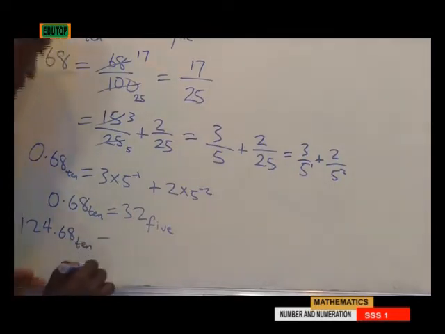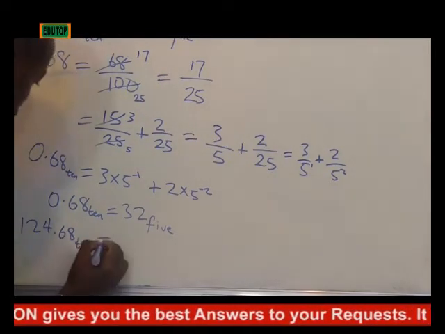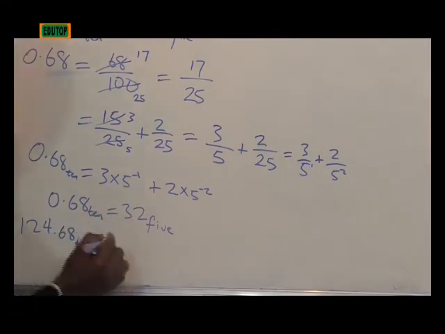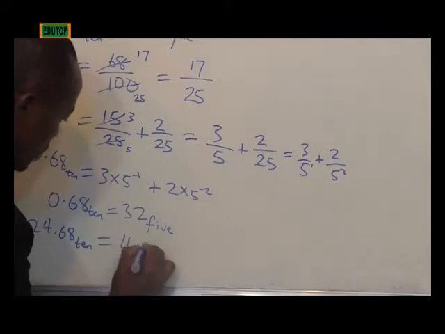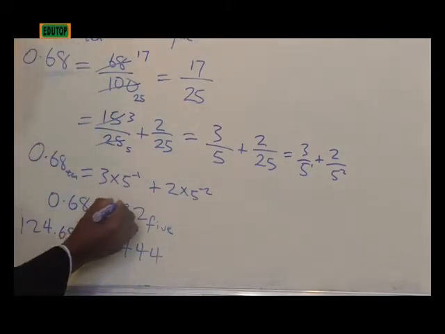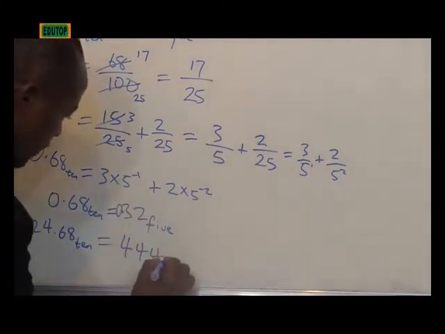Let's just continue. Then we'll now combine this 32 and 444 together. Remember that this one is 0.32 base 5.